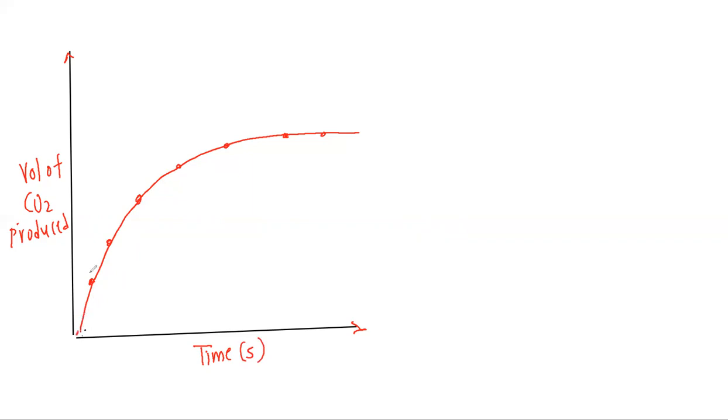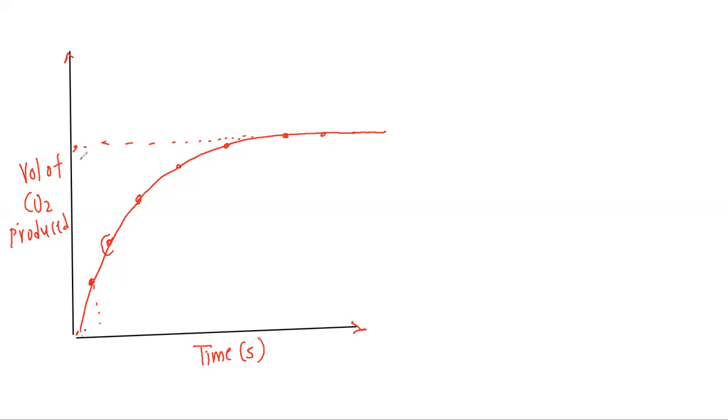You will get such a graph where initially CO2 will get produced and the rate keeps on increasing up to this point. After that, it starts getting flattened down, and finally it just settles down. That means the reaction has been completed and nothing more can be produced. No CO2 will be produced. So this is the maximum CO2.